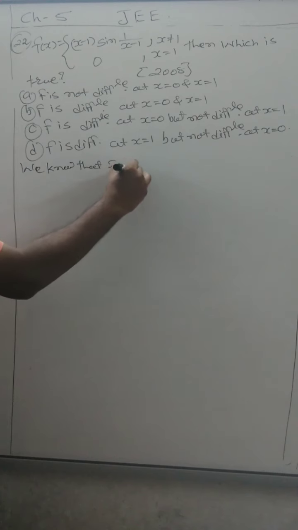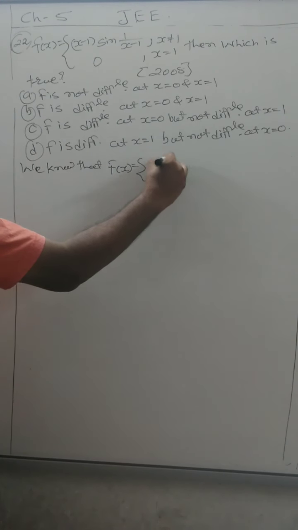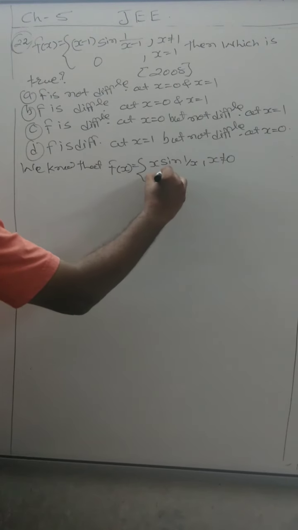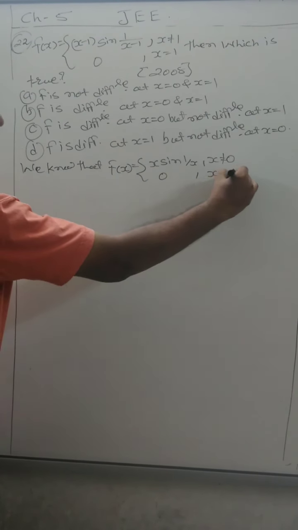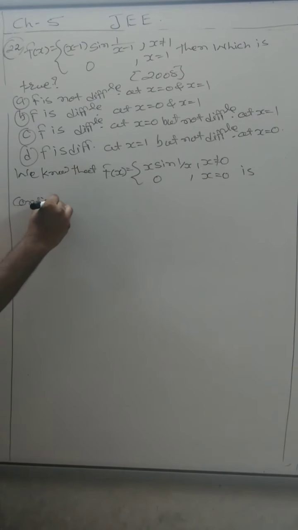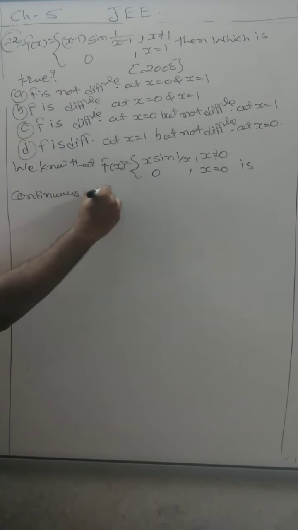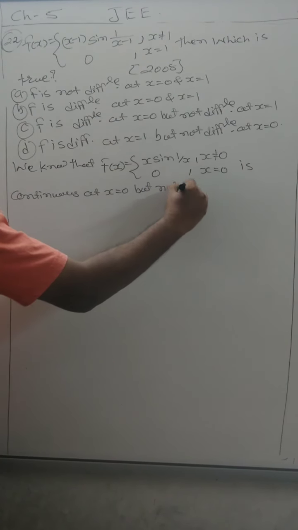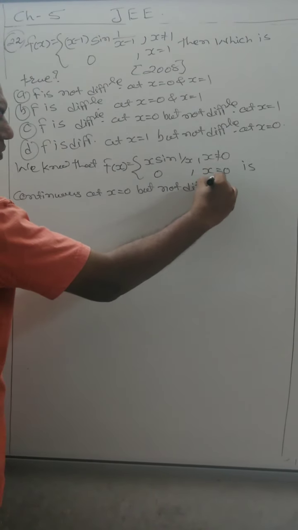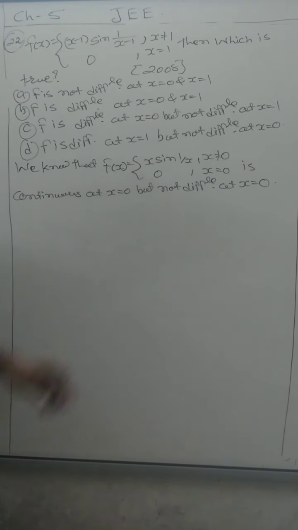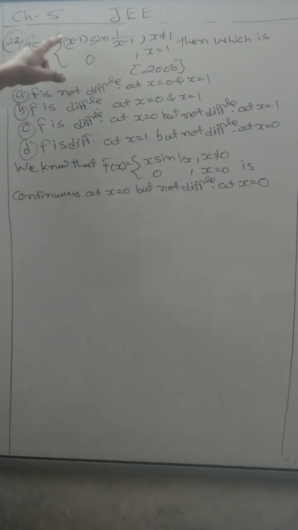Okay, now here we know that f(x) equal to x sin(1 upon x) for x not equal to 0 and 0 for x equal to 0 is continuous at x equal to 0 but not differentiable at x equal to 0. So we use this result here. Here only x minus 1 is there.